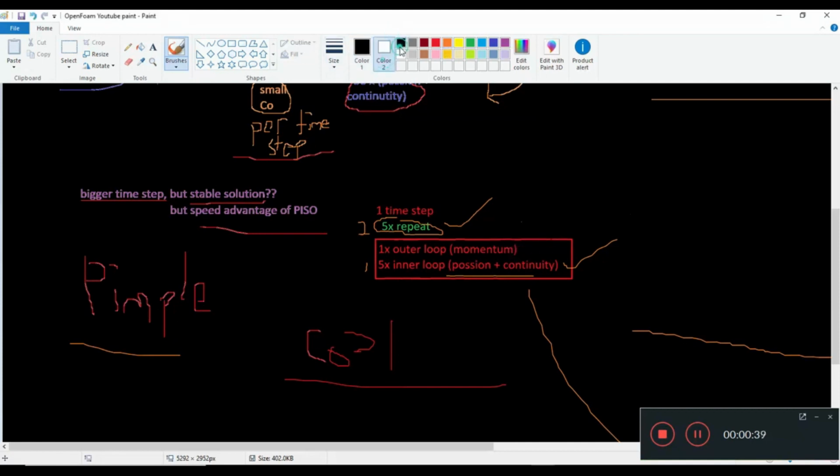Yes, more than one outer loop. Of course you can have more than one inner loop, but as long as the outer loop is used more than one time, i.e. this red box has been repeated more than once, then we can call it a PIMPLE algorithm.